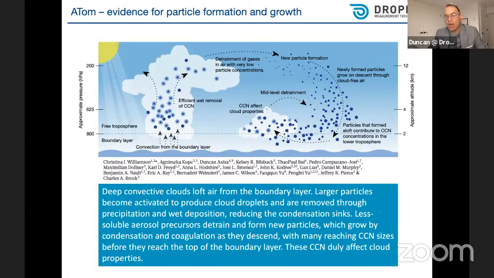So I think we have contributed here in a significant manner in understanding how deep convective clouds loft these precursor gases from the boundary layer into the upper troposphere.